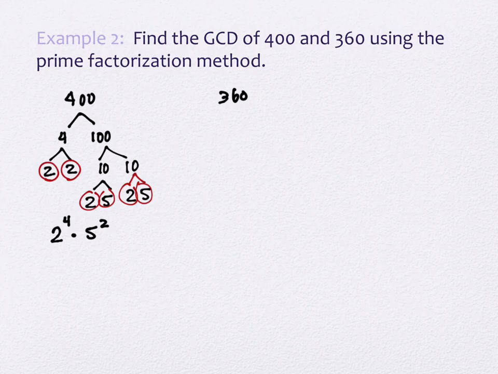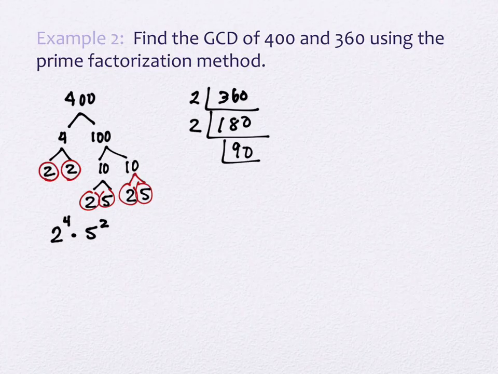I can do 360 with a factor tree as well, so feel free to use a factor tree if you like that strategy. I'm going to do the division algorithm that I also showed you in the previous section, just to remind you that that's an option too. The division algorithm actually goes by primes. So we're specifically looking at dividing it by the smallest primes. In particular, this will divide by 2. If I take 360 and divide by 2, I get 180. And I can divide that by 2, and I get 90.